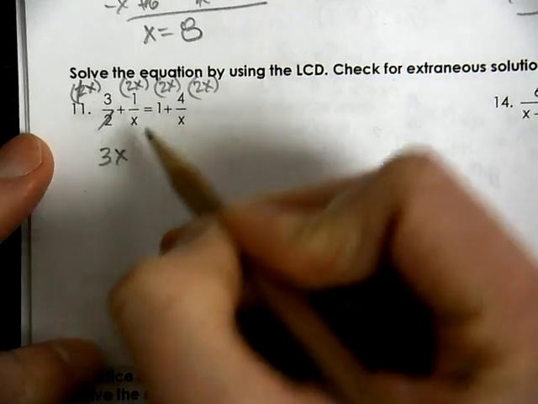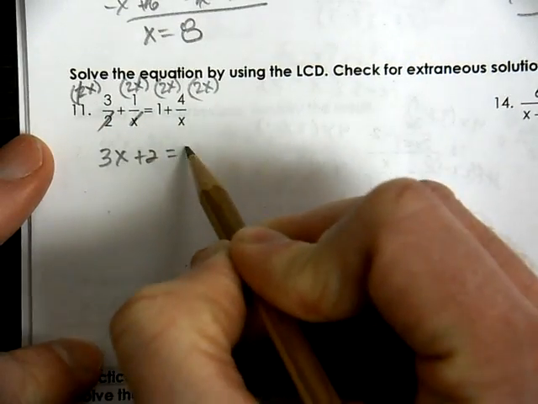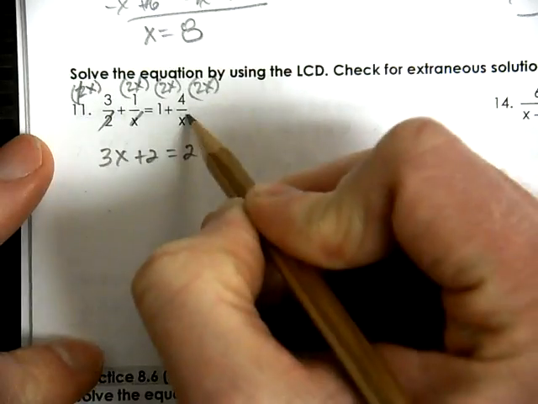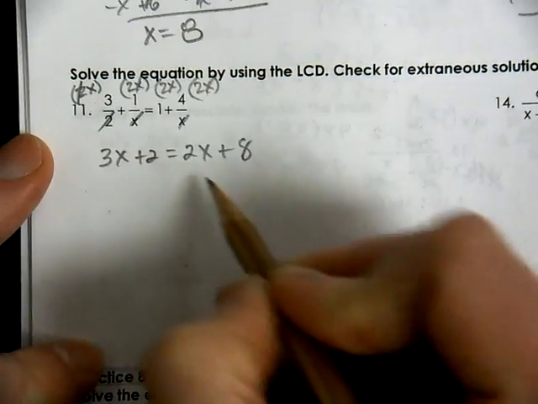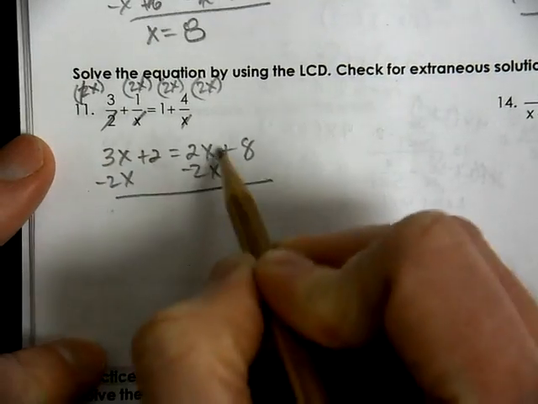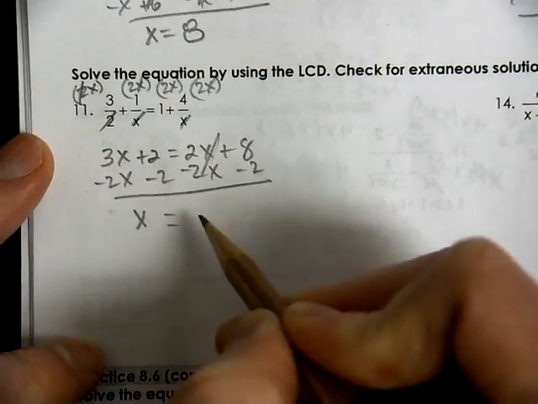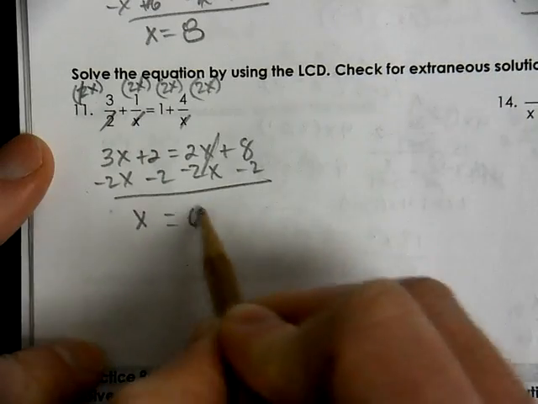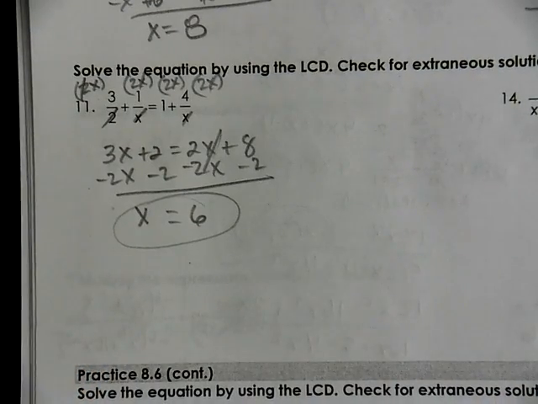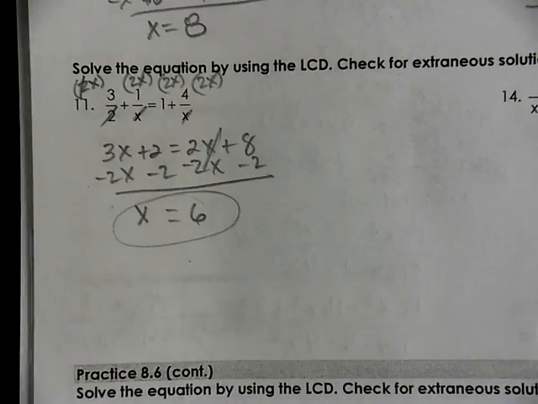That would leave us with 3x, 2, 2x, and 8. Subtract 2 to the other side. X equals 6. 6 does not make the denominator 0, so we're okay.